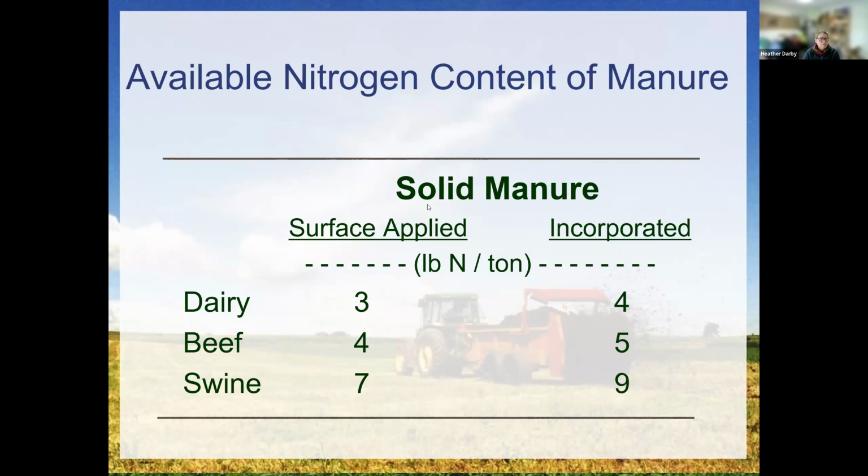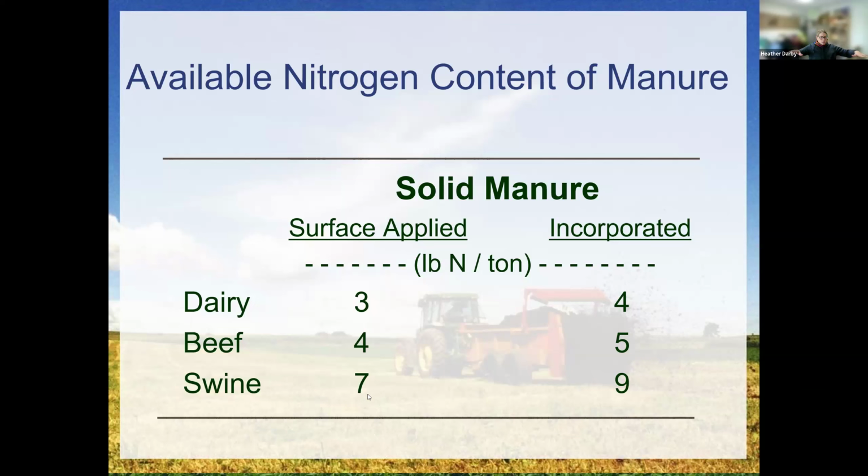So why, if you surface apply the manure, do you get 3 out of the manure available to your crop? And when you incorporate it, you get 4 pounds. And you can see that's something that we see with beef manure, swine manure.